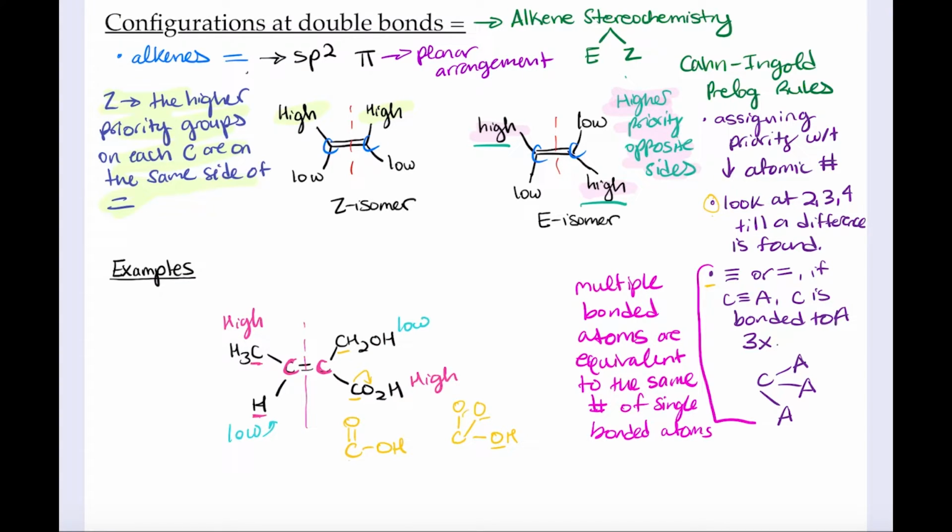And also it has a little alcohol it's bonded to as well. So it's bonded to 3 oxygen atoms. That being said, this has a higher priority than this one. Now what can we designate this as? Because we have higher priority groups on opposite sides, this is going to have an E configuration. So this is what you would configure this as if you're ever asked this. This is E because it's on opposite sides.